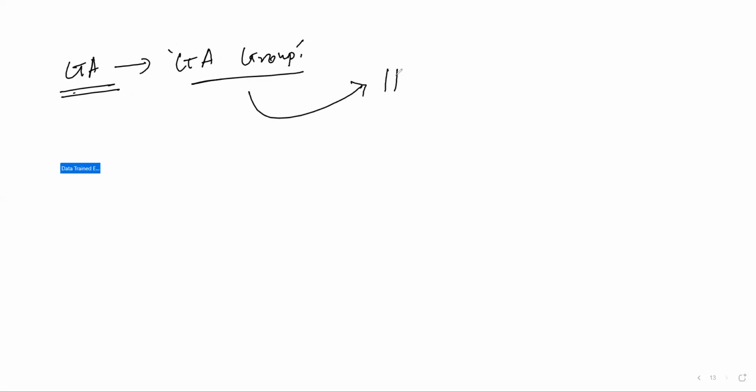Now let's suppose that GA is a founder of a company. Tell me the name of the company you want to be the founder of. Let's say GA Group. GA is the founder of GA Group, and GA wants to come up with the IPO. So how will he deal with DK, an investment banker?